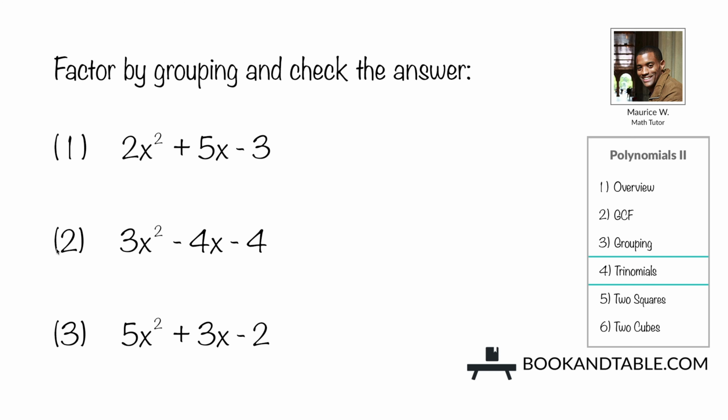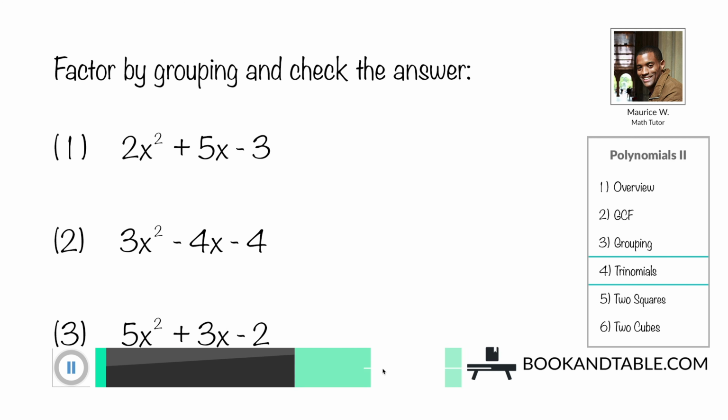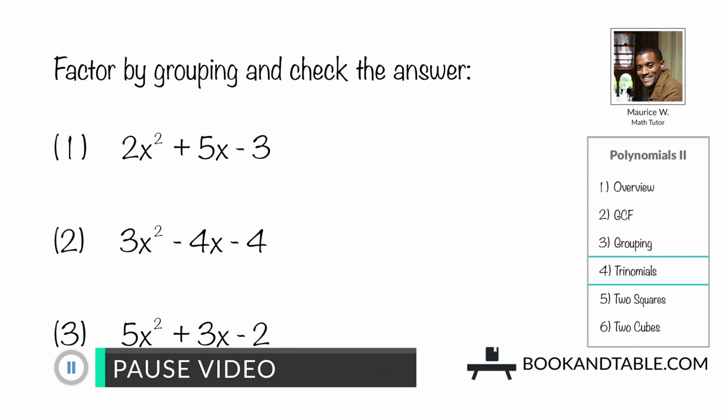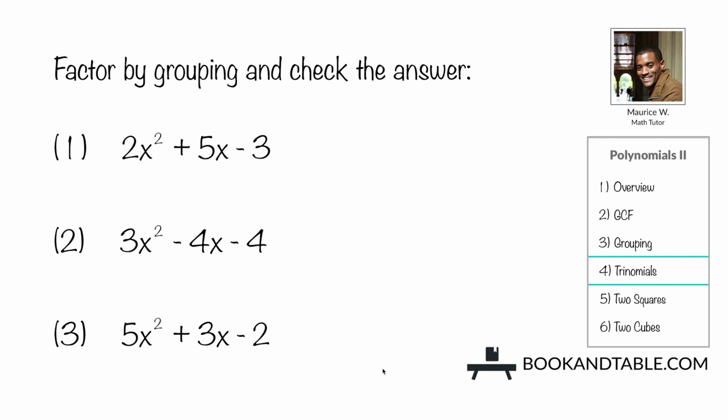Question number 2, factor by grouping 3x squared minus 4x minus 4, and then check the answer. In question number 3, factor by grouping 5x squared plus 3x minus 2, and then check the answer. Pause the video, answer these questions, and then press play when you are ready to begin.